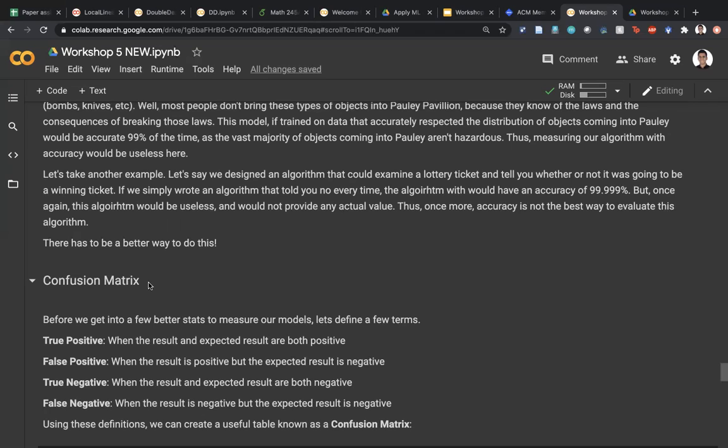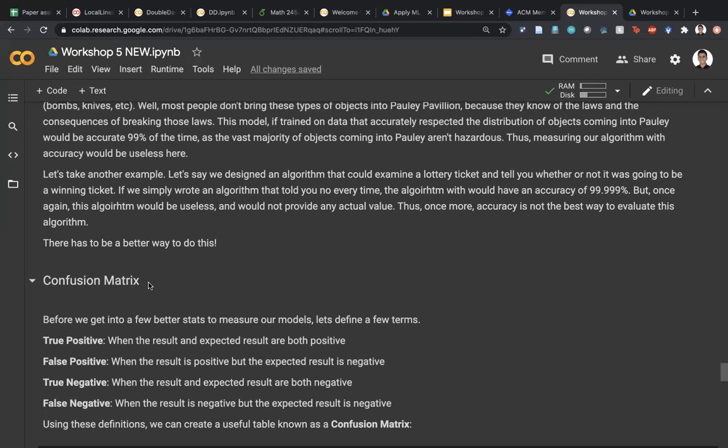You want to minimize the false positive rate. You don't want to catch people who are not actually carrying dangerous weapons, or buy a lot of unnecessary lottery tickets, ideally, if you want to crack the system. So you want to increase your rate of true positives and reduce your rate of false positives.